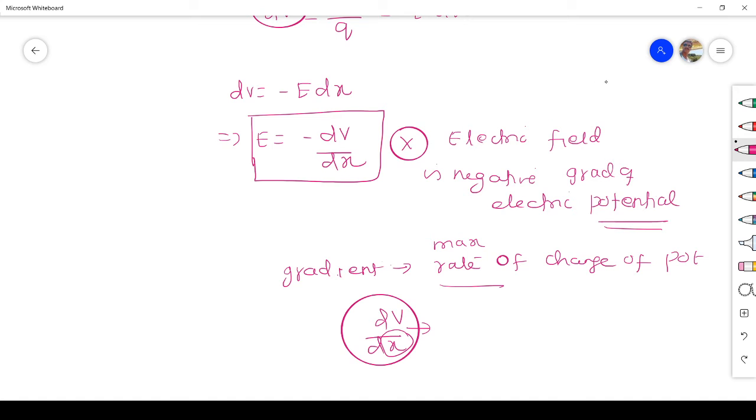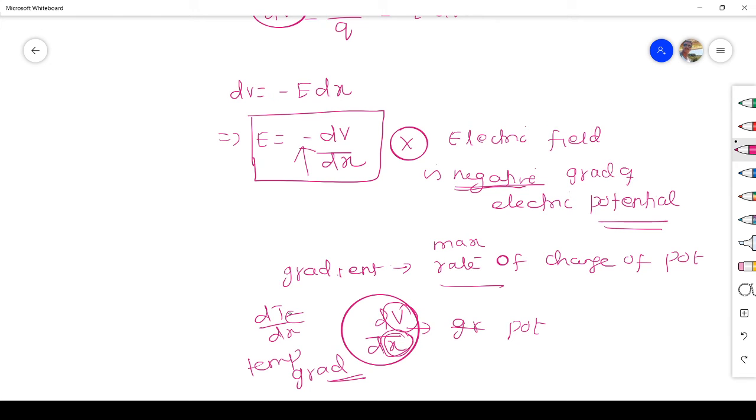Why is it negative gradient? I have used the word negative gradient because we are having the minus. So dV by dx is nothing but potential gradient. Why is it potential gradient? Because V is changing with respect to distance, right? Suppose dT by dx, let us assume T is the temperature. That means it is temperature gradient. Clear or not?